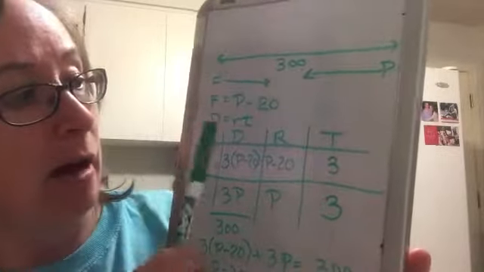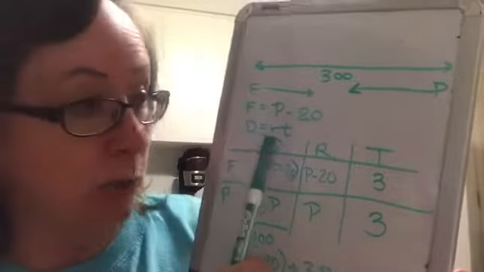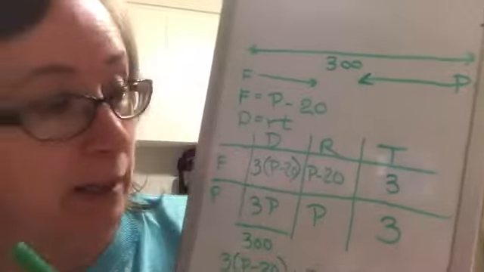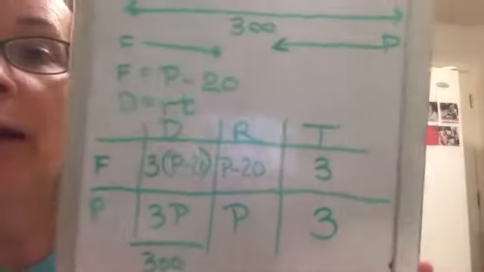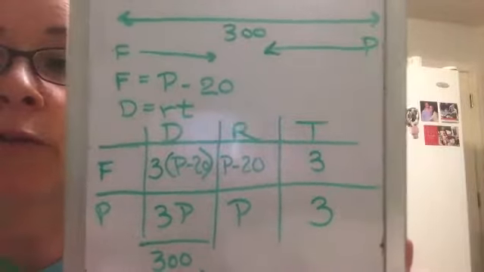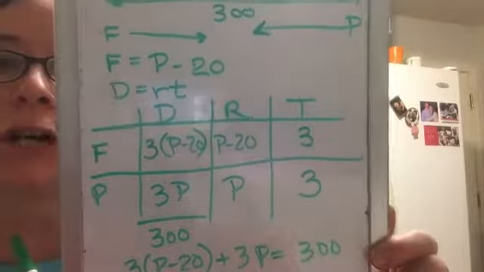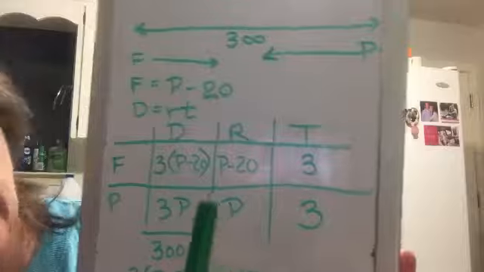So, we know that distance is rate times time. That's a physics formula that we should be aware of. Now, I'm a big chart person, so you will often see me make charts like this. I'm trying to get the glare off of this chart. My lighting is not so great.